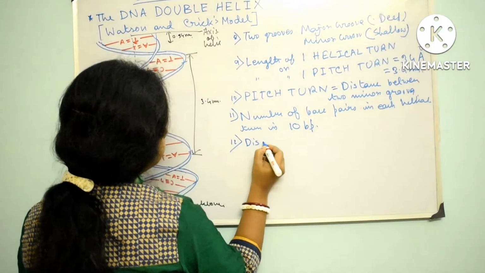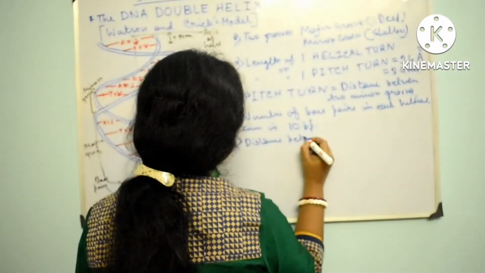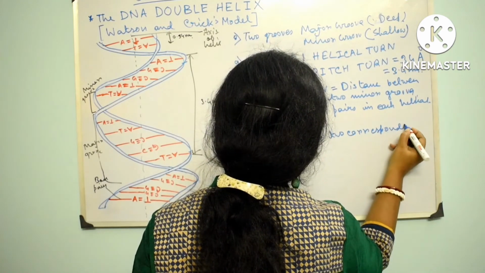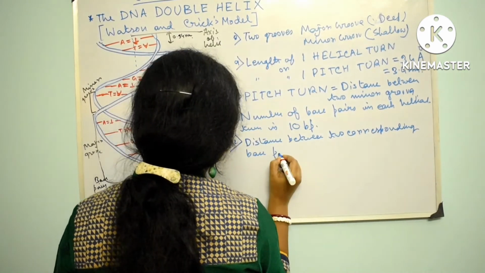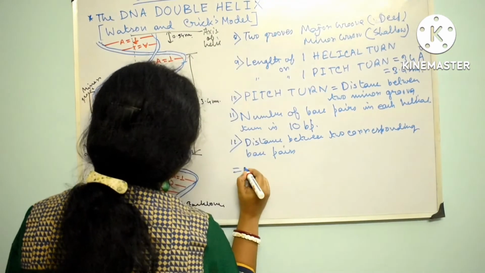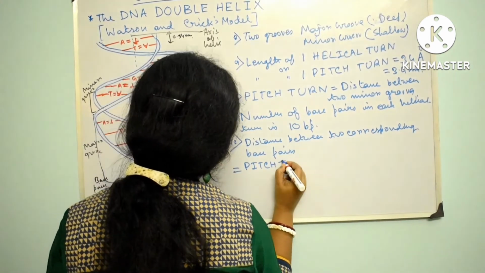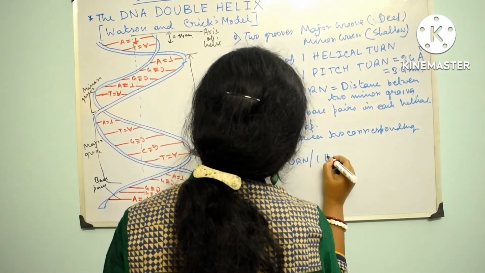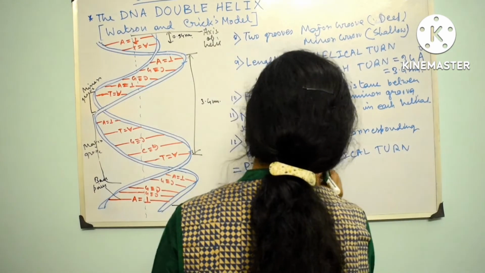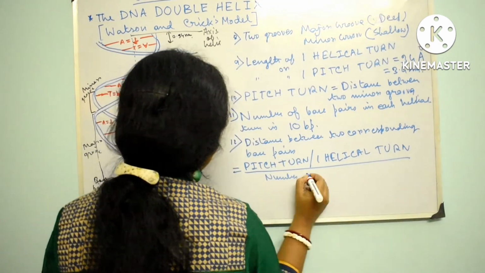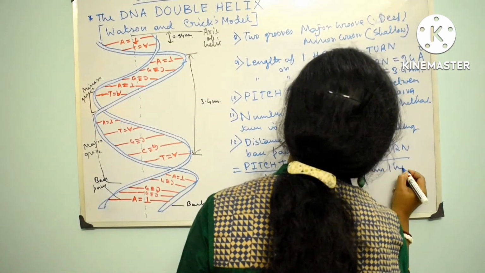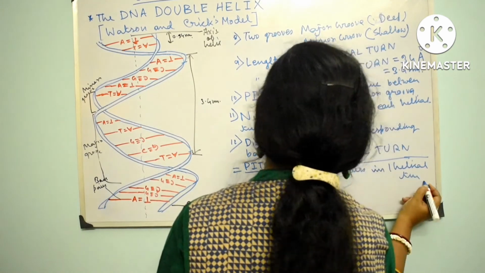Next, the distance between two corresponding base pairs equals the pitch turn, or 1 helical turn, divided by the number of base pairs in one helical turn.